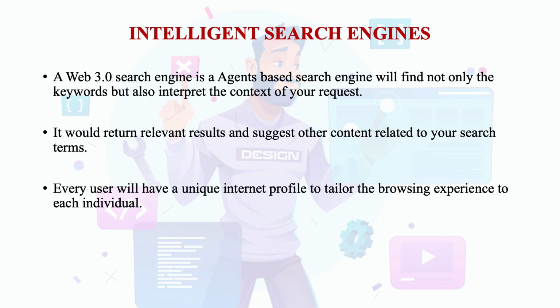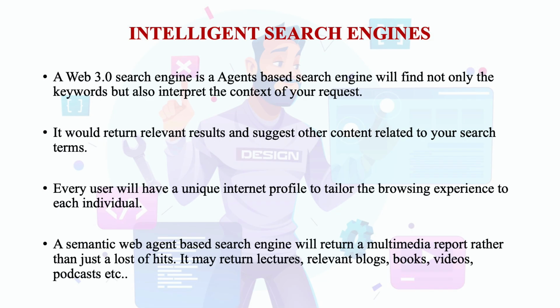Every user will have a unique internet profile to tailor the browsing experience to each individual. A semantic web agent based search engine will return a multimedia report rather than just a list of hits. It may return lectures, relevant blogs, books, videos, podcasts, etc.